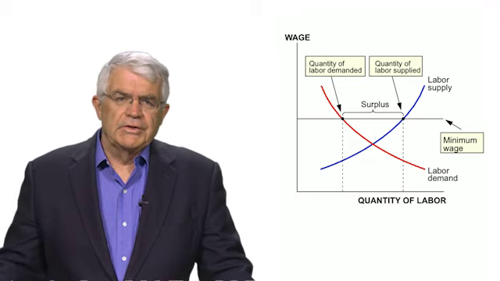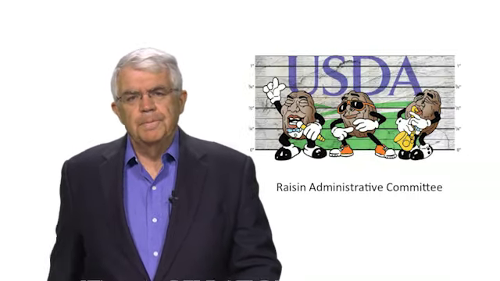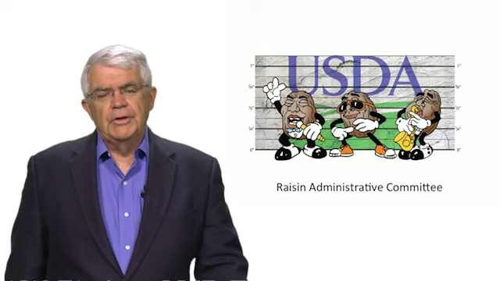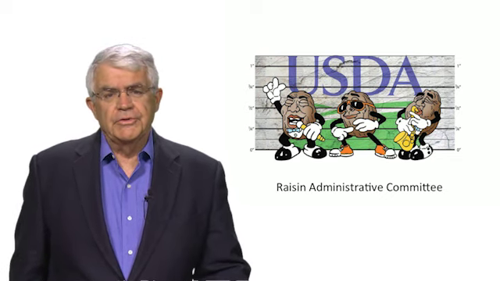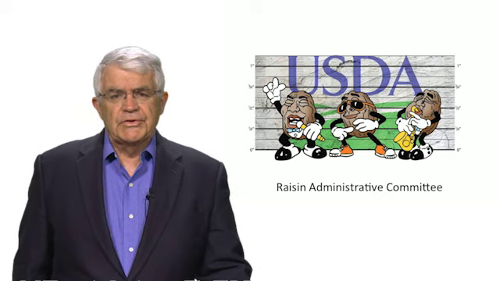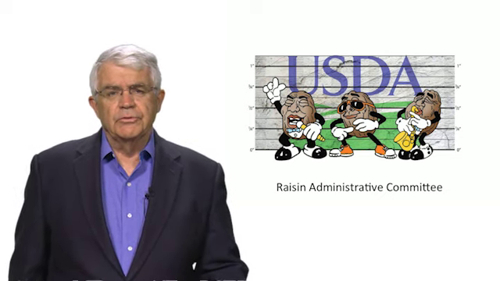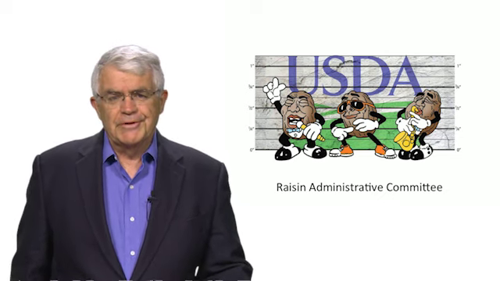And finally, another example, which can be illustrated in the same way, is the case where you have agricultural supports. And this is a very famous example, also has to do with California, by the way. This is a picture of raisins dancing. It's a famous advertisement that was created years ago to encourage people to buy more raisins.